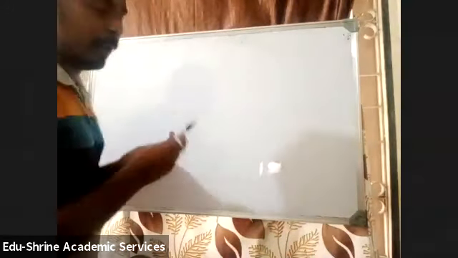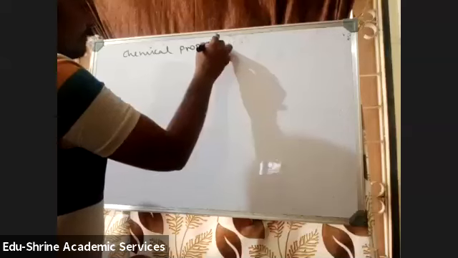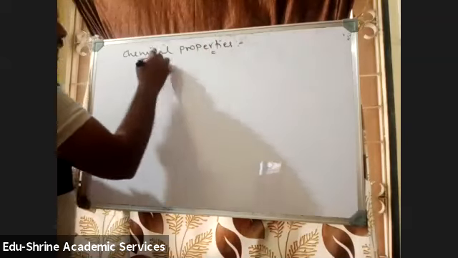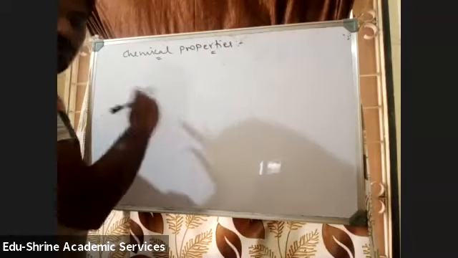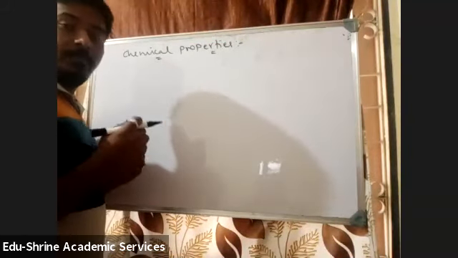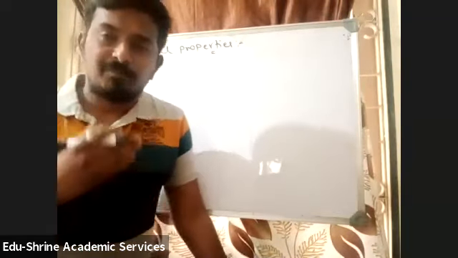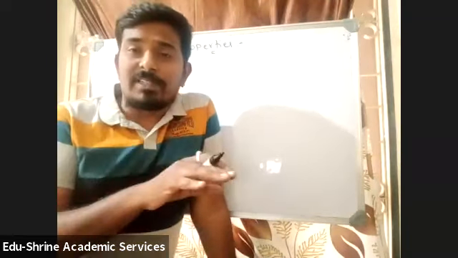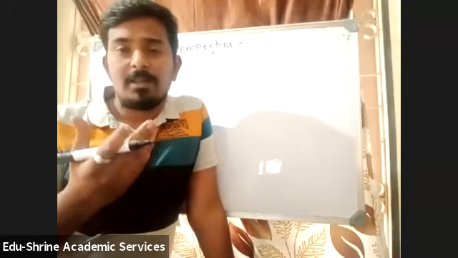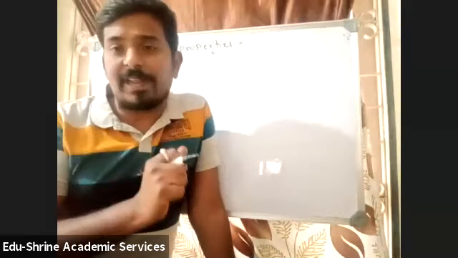Right. Next, coming to chemical properties of aldehydes and ketones. The aldehydes and ketones will be undergoing different types of chemical reactions. Not like alcohols, which have only nucleophilic substitution or acidic properties, or like haloalkanes and haloarenes, which have only nucleophilic substitution and elimination reactions.